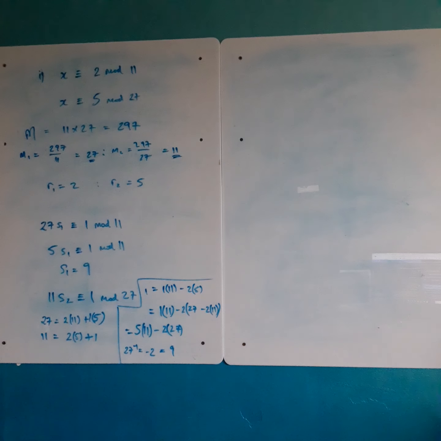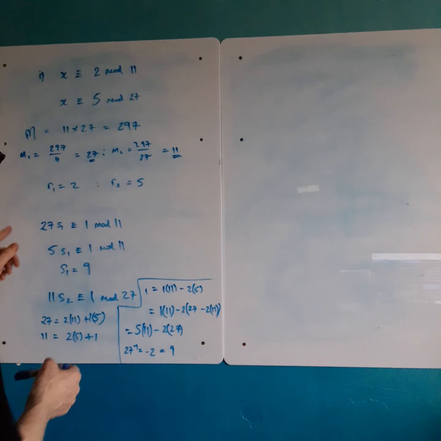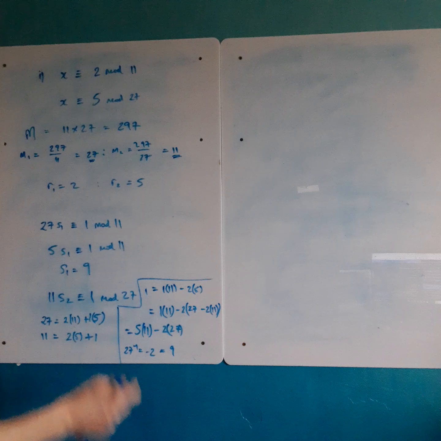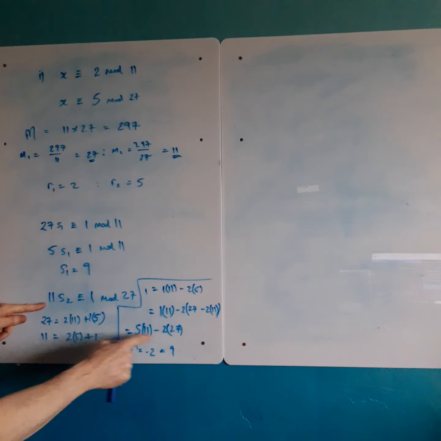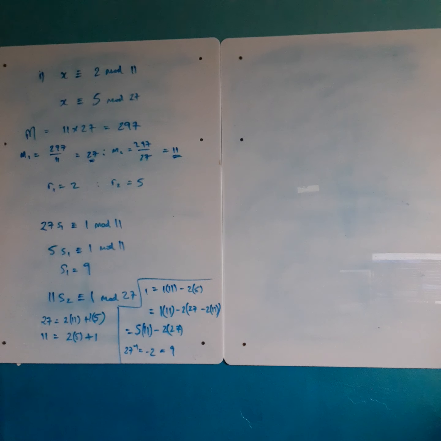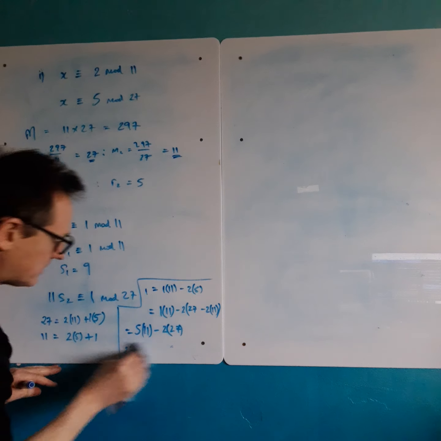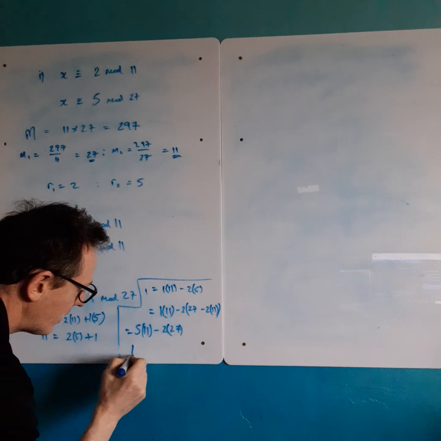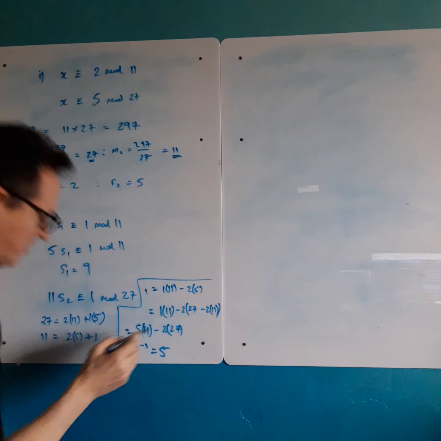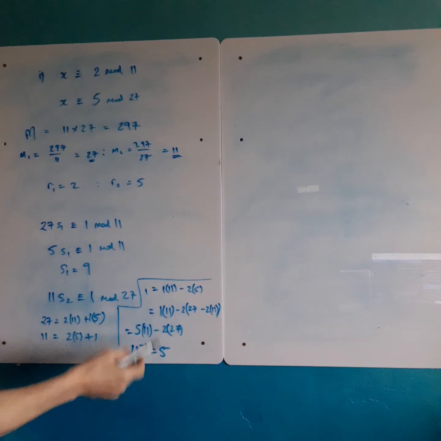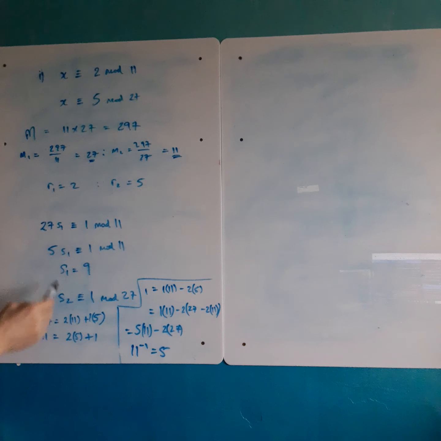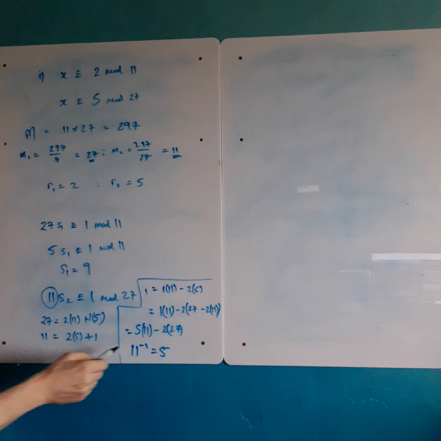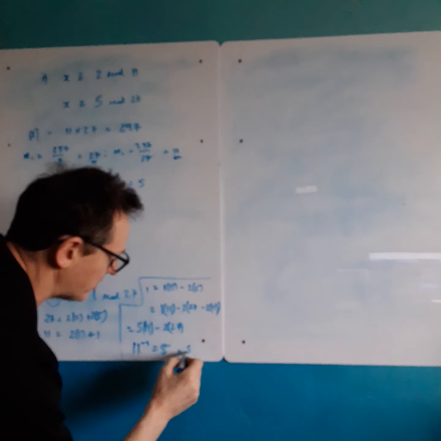Sorry about this. When I was saying I was getting the inverse of 27, I looked at this question and saw the 27, but I'm actually getting the inverse of 11. So the inverse of 11 is 5. Because it's so condensed on these little boards, I looked at the wrong one by mistake. It's that one there I'm getting the inverse of, so S2. 11 inverse is 5, so that's S2.